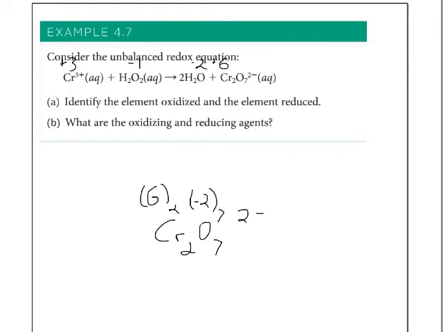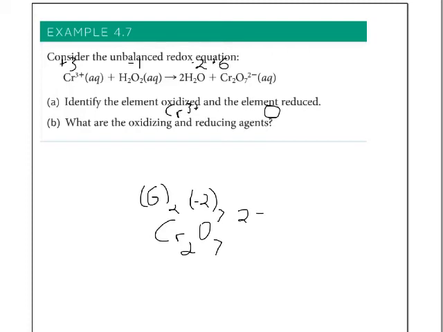So chromium 3+ is being oxidized. And what's being reduced? The oxygen goes from -1 to -2, so it's decreasing. You don't have to say the charge on this, you can just say oxygen is being reduced.